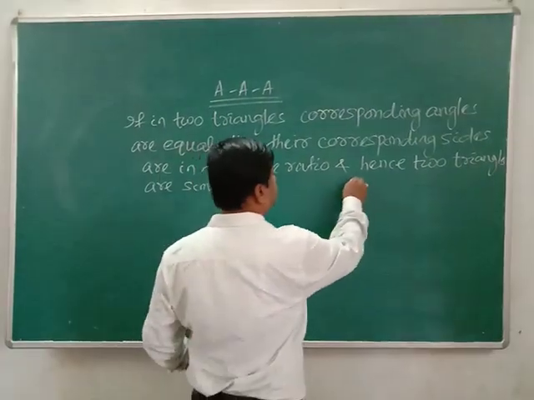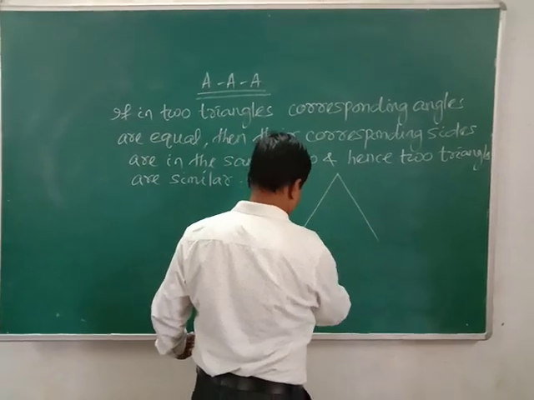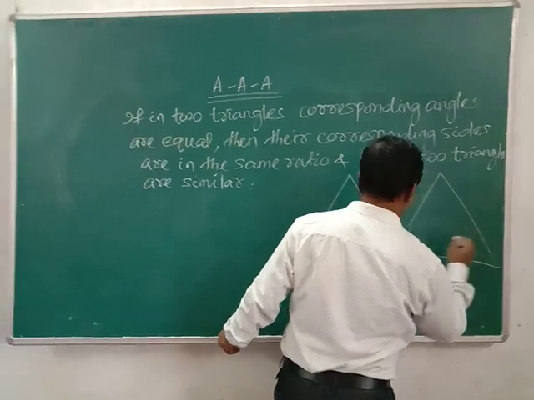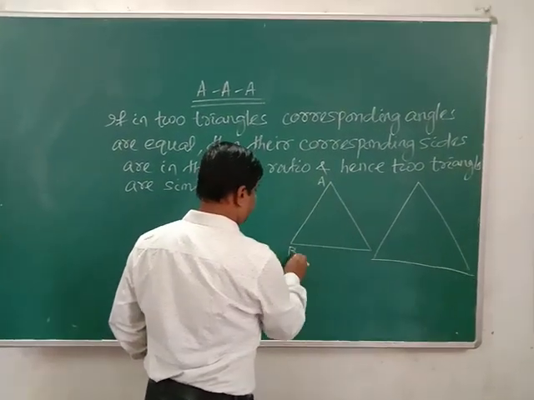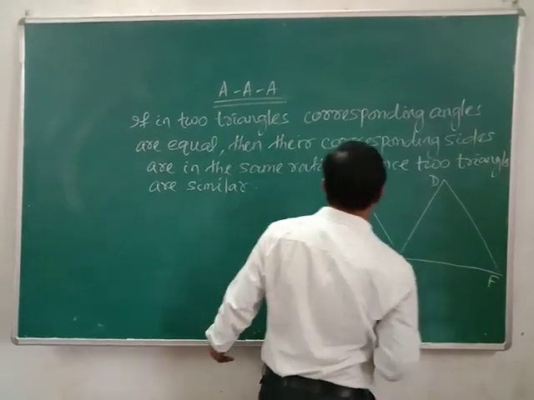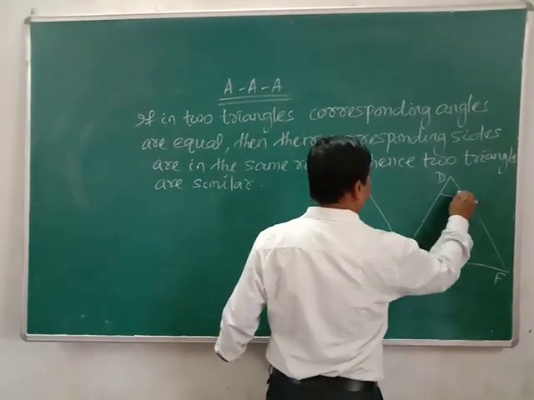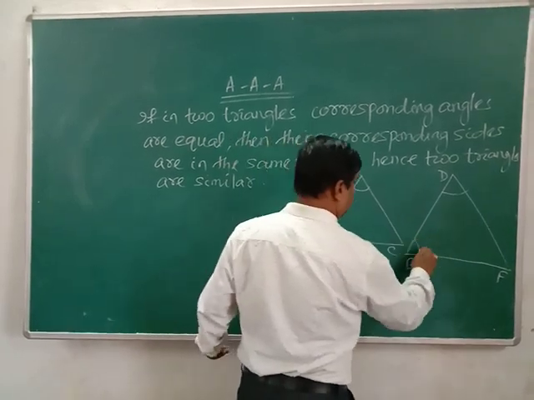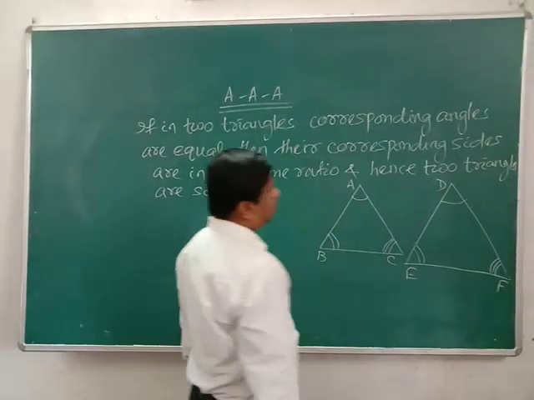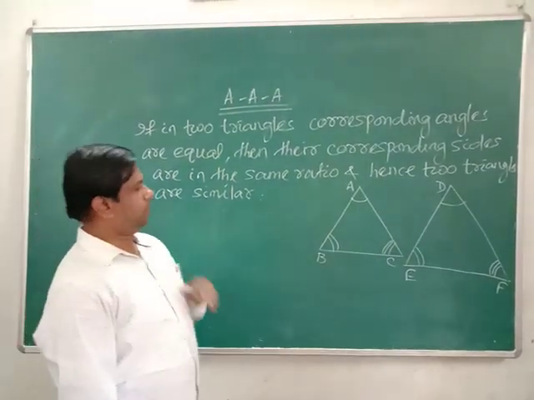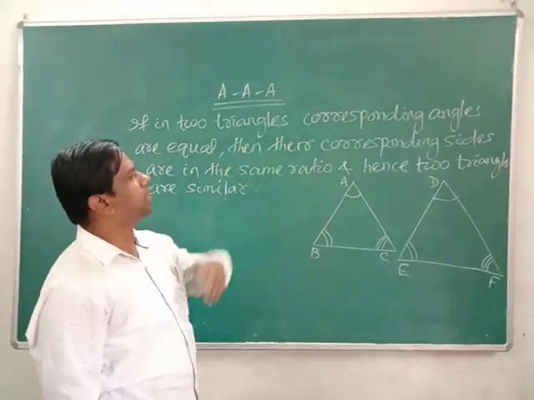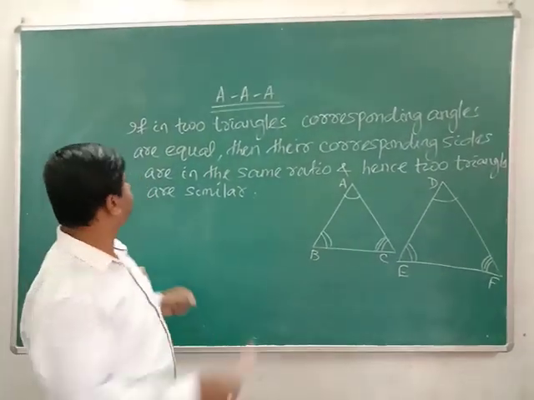You see. Let one triangle be A, B, C, and another triangle D, E, F. You are given angle A is equal to angle D, angle B is equal to angle E, and angle C is equal to angle F. One condition is given, so you have to indirectly prove the second condition, that means their corresponding sides are in the same ratio.